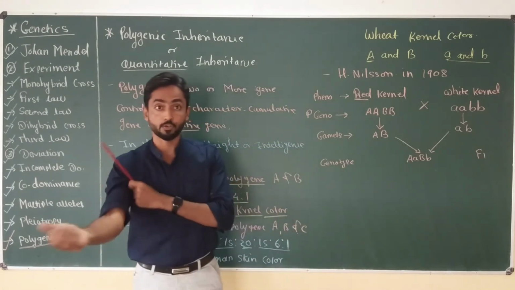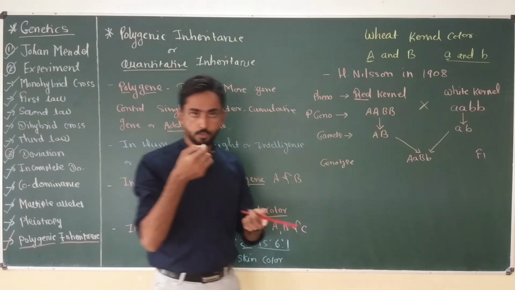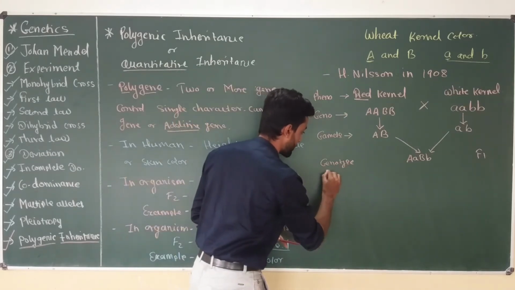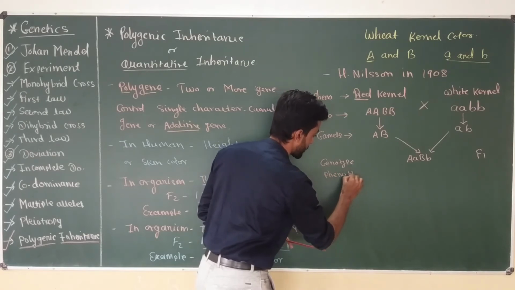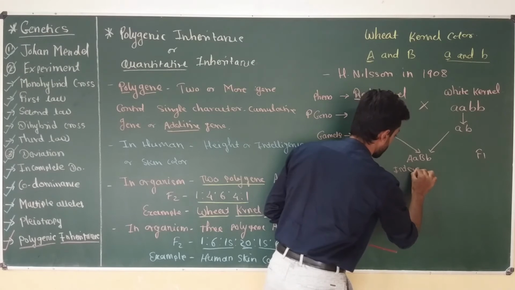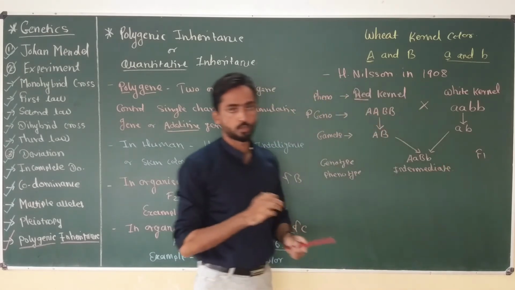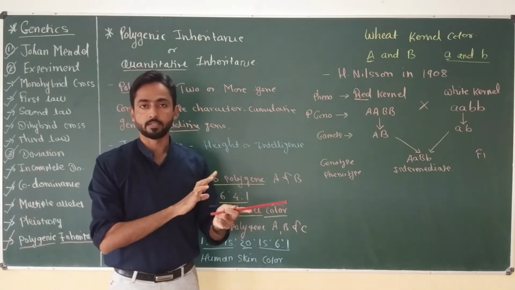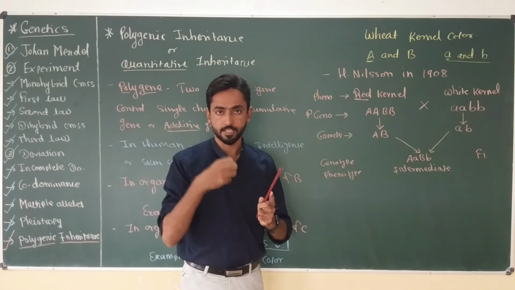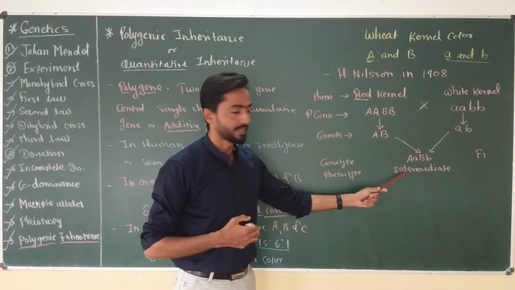So the red pigment production is reduced to 50%, so the phenotype of this F1 hybrid becomes intermediate. That means the F1 hybrid does not show complete red or complete white color. Instead, they show 50% red shade and 50% white color. Because of that, the phenotype becomes intermediate.